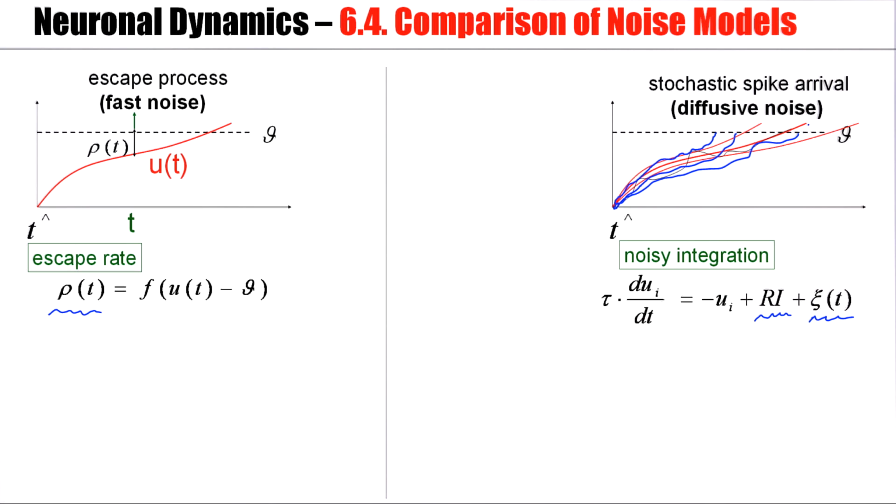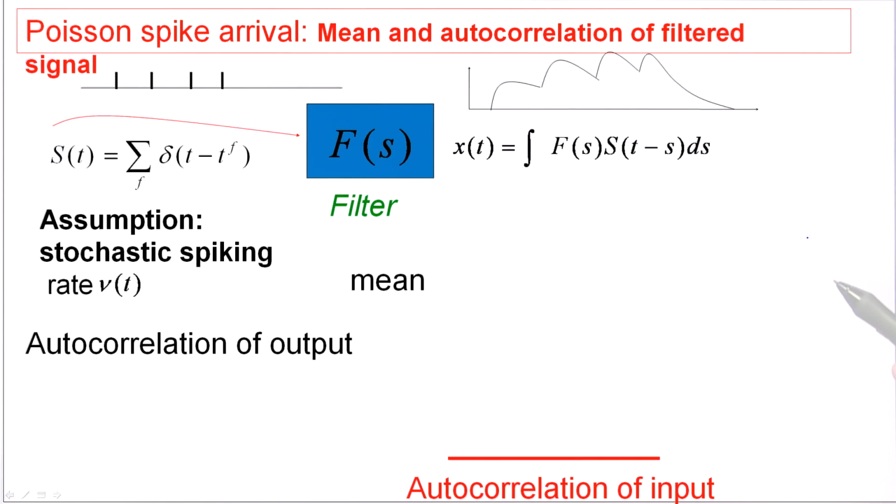If you want to link the two noise models, we need to look again a little bit at this model of stochastic spike arrival. As we have seen last week, a spike train, described as a sequence of delta pulses, is filtered, and this gives rise to a signal. The signal in the end will be the membrane potential, but let's keep the mathematical treatment general right now.